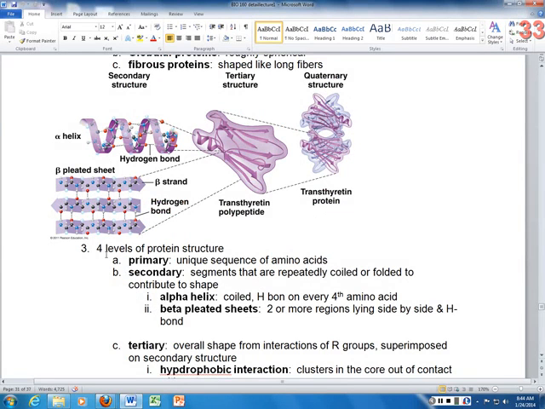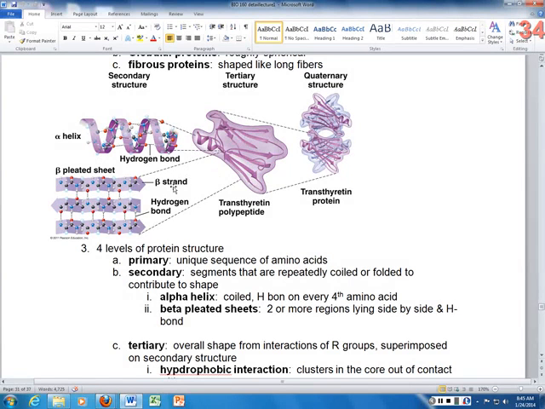If you change the order, it's going to fold up differently and you're going to get something different made. The secondary structure is where it's going to either fold up or coil. So it can make alpha helices or beta pleated sheets. You can actually have different regions of it turn into beta pleated sheets and alpha helices within the same protein.